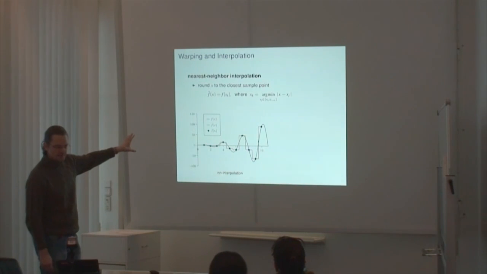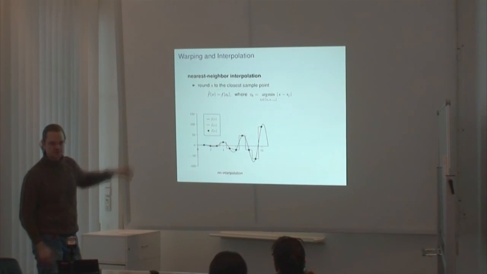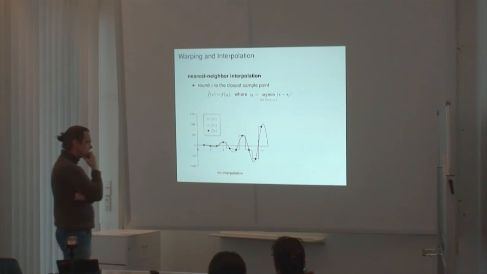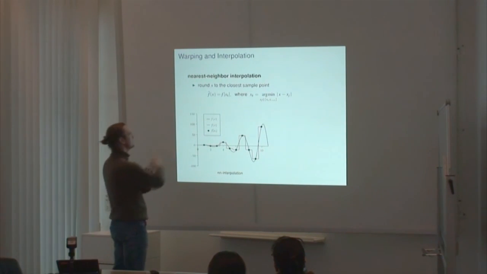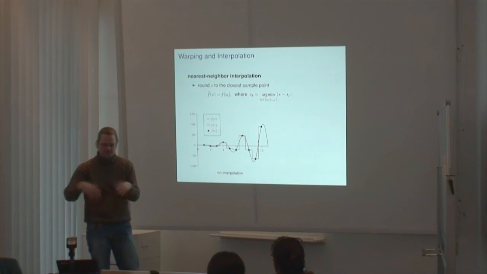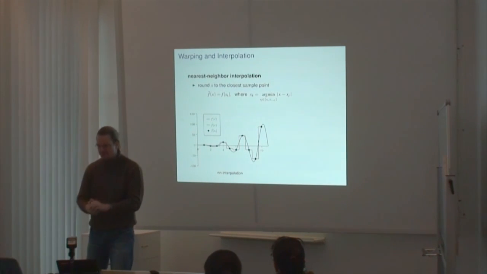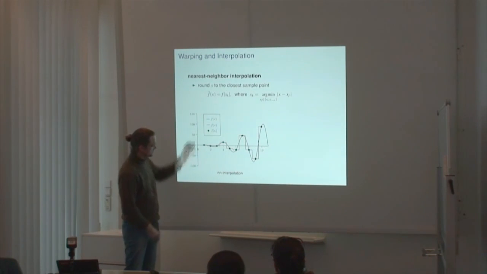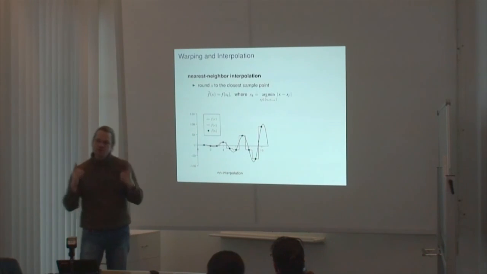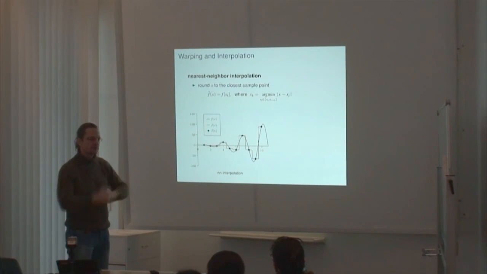But nevertheless, what could be an advantage of this idea? So why would I discuss something like this if at the same time I would diss its quality? I would say this is a poor interpolation. Why, if I say this is a poor interpolation, would I discuss it anyway? Yeah. Maybe because it's faster.